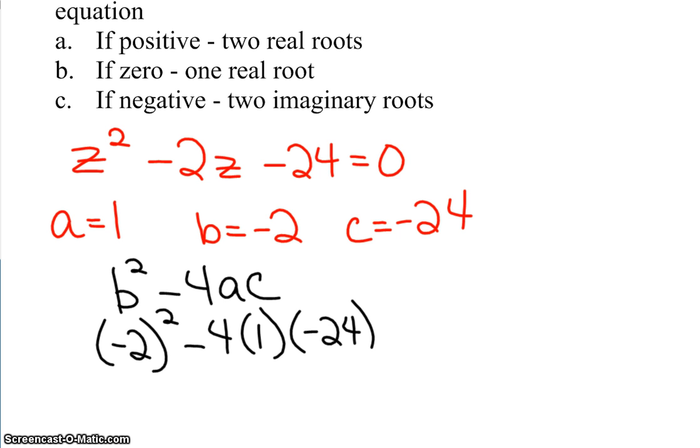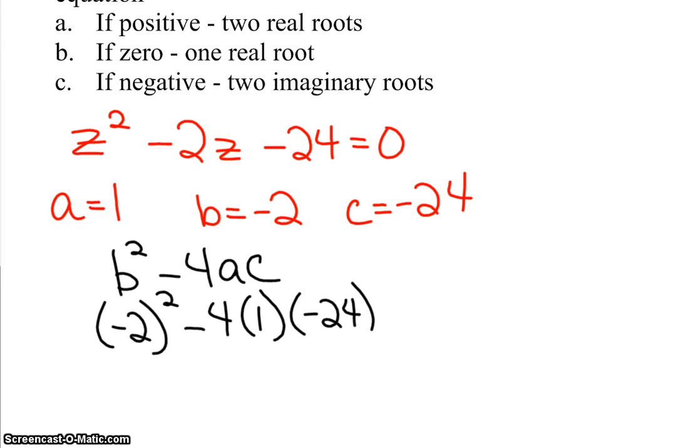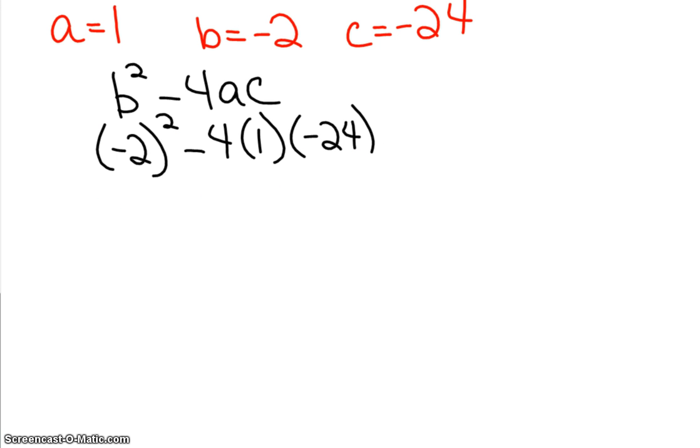Remember, when you're squaring a negative on your calculator, you absolutely positively need to put it in parentheses, or remember on your own that when you square a negative, you're multiplying two negatives, so your answer is positive. So that's 4. In the remainder of my problem, I have two negatives multiplied together, so that's going to be a positive, and 4 times 1 times 24 is 96. That means my discriminant is 100.